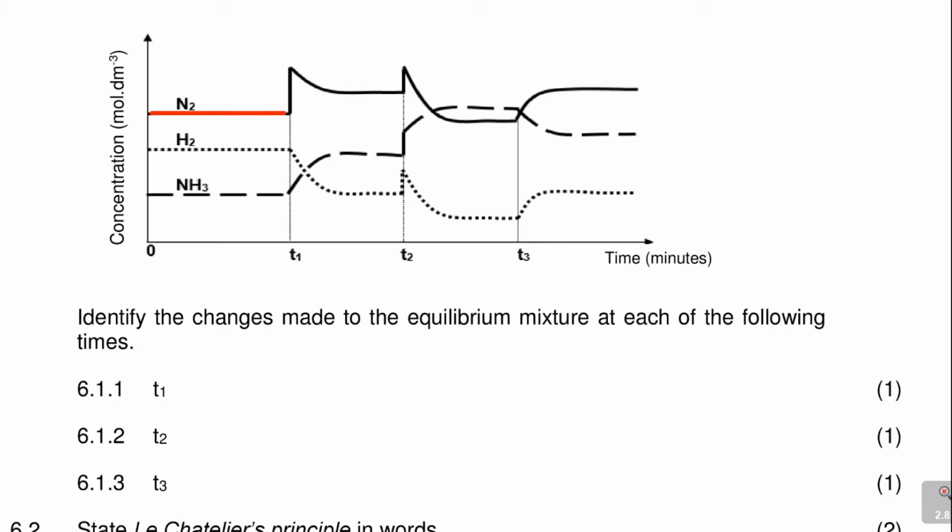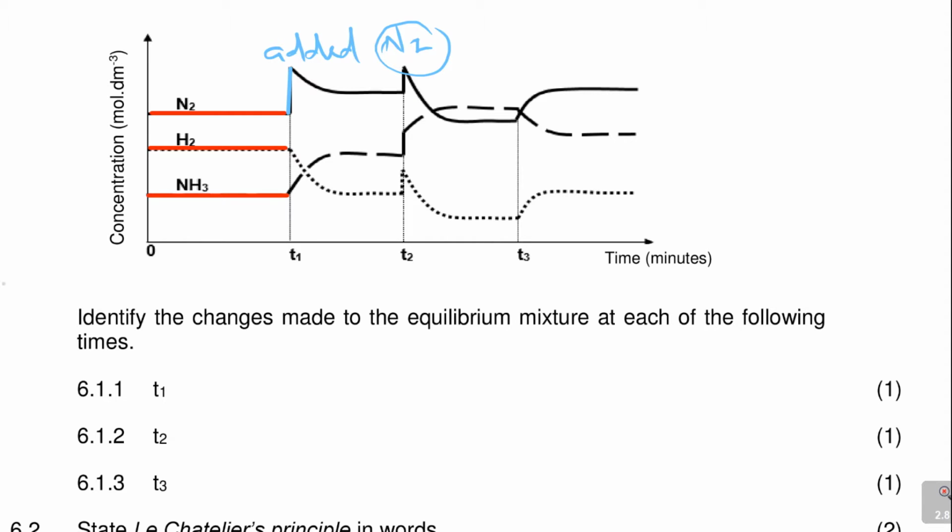It was going straight. Meaning nitrogen, hydrogen, and ammonia had already reached some equilibrium. And then all of a sudden, you are seeing nitrogen going up. Meaning, when you see that, they added nitrogen here. They added N2.